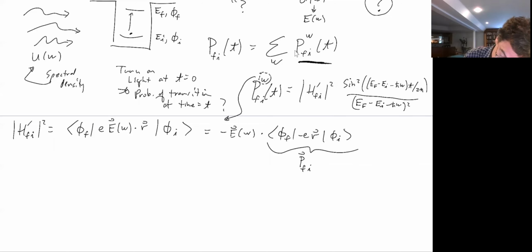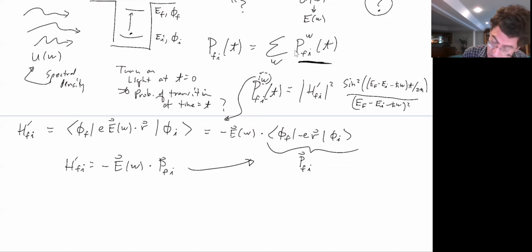And so this then becomes, let's not square it just yet, H prime phi is going to be equal to negative E of omega dotted with P_fi. That's my dipole matrix element.